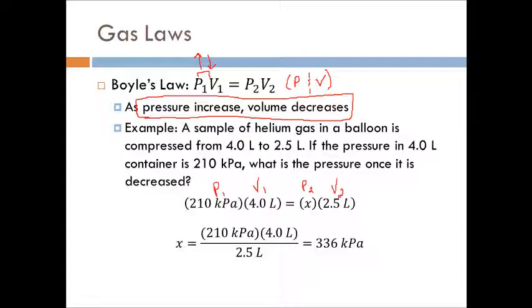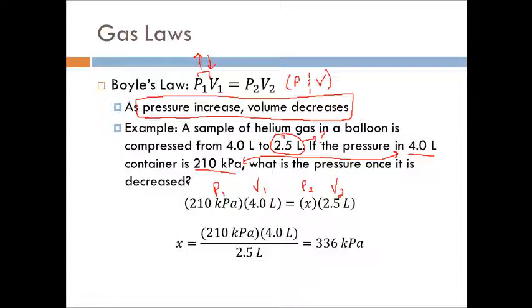Now, again, like with other equations we've had, the volume here and the pressure here are a pair. These two go together. So the 4 liters and the 210 kilopascal. Our other pair here is 2.5 and something else. It doesn't matter if one is 1 and the other is 2 or vice versa, as long as these two pairs stay together, okay?